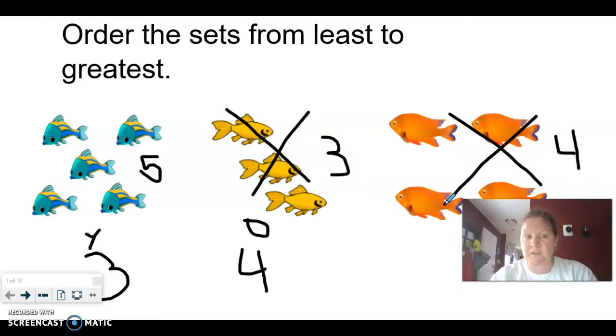What's the most? Good. The blue fish, because it's 5. So I'm going to put a 5 and I put a B. Kind of look like a bee. All right. So the least is the yellow, then the orange, and then the blue. So 3, 4, 5. See how that works?